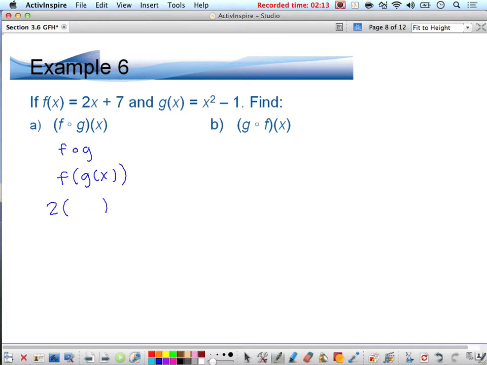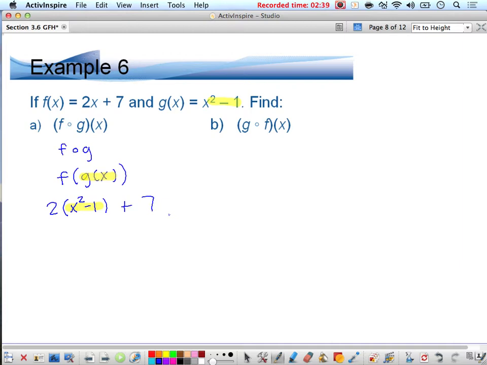Take the variable out, just like you do with the difference quotient. And instead of putting x plus h there, like you would for the difference quotient, you want to put the inside function. So I want to put inside there whatever g of x is. And that's what's going to go in that parenthesis right there. So it's just a substitution process.